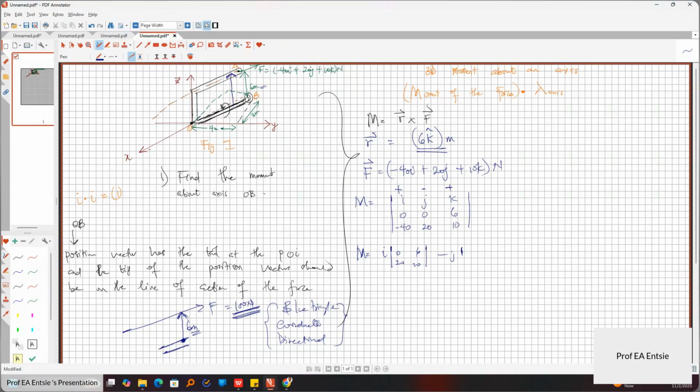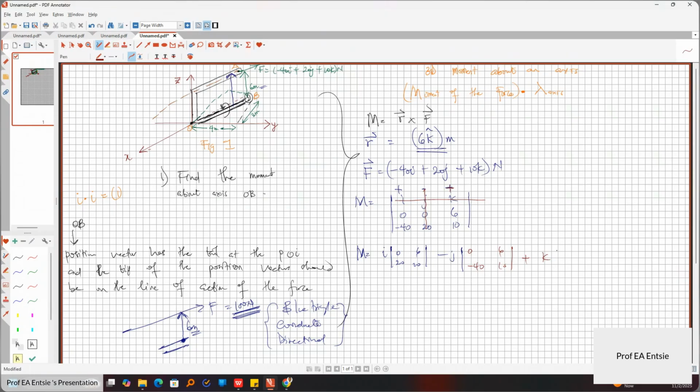Then if you cross J, some people don't know how to do this one. So let me use the second one. If I'm crossing J, it means I'm crossing whatever is on the J row and the J column. So it will be left with 0, negative 40, then 6, 10, plus, because it's plus.